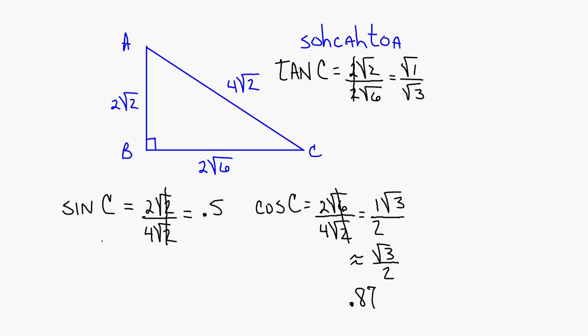What does the square root of 1 equal? 1. So this is 1 divided by the square root of 3. And that's the easiest to type into your calculator. 1 divided by square root of 3, equal sign. And make sure you get 0.58.